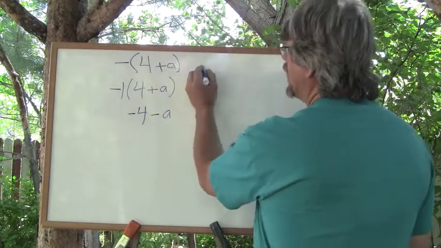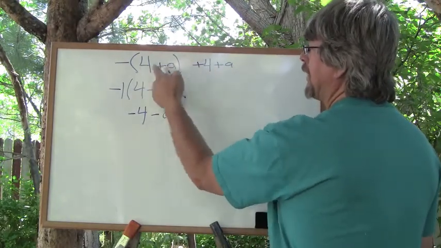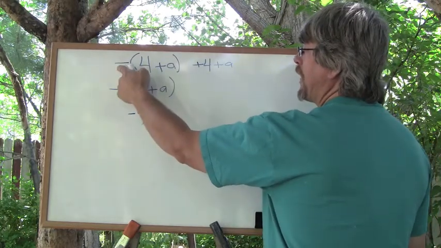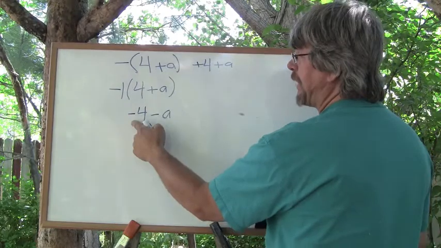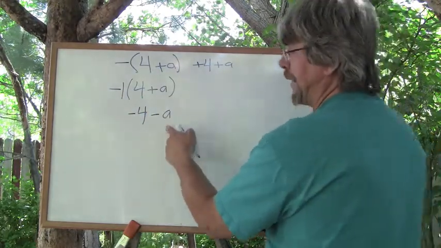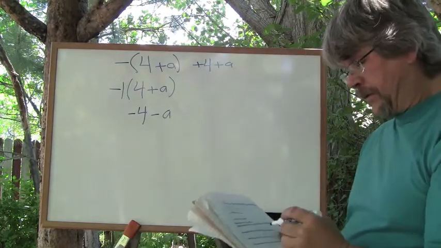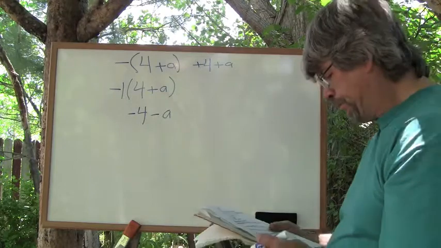Up here, it's +4, +a. When we distribute the negative, a negative times a positive is a negative. This will show up a lot of times.